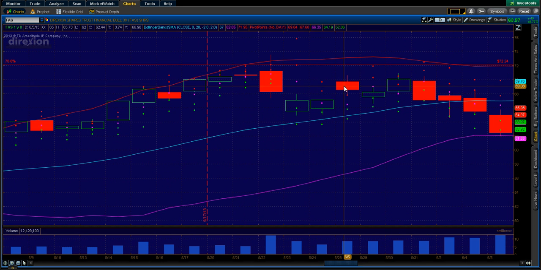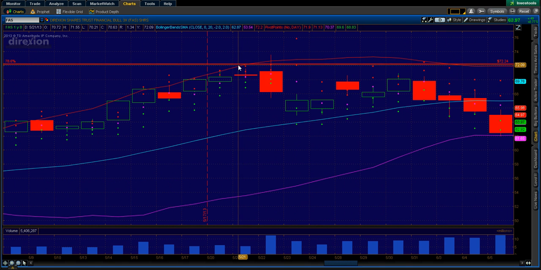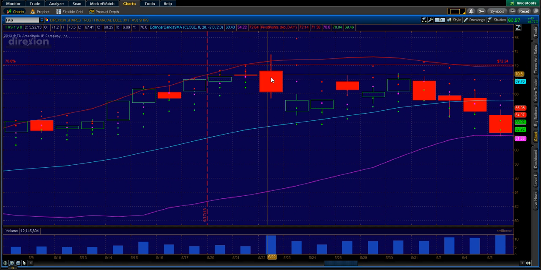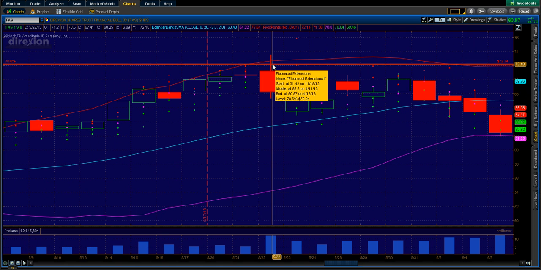So on this day, where I met my price target on my long positions, you can see that, and it's a little bit hard. I might have to get in there a little bit deeper. Either way, the top of the pivot point for that day, I believe it's called an S2, or I'm sorry, R2 resistance, is actually right at the 78.6.